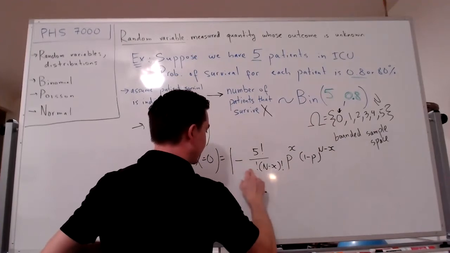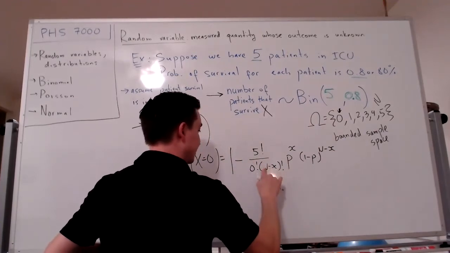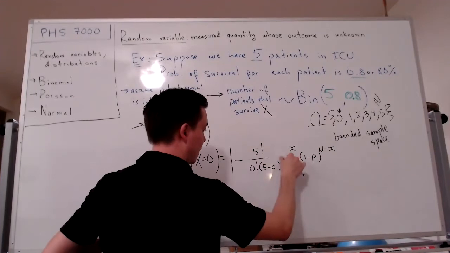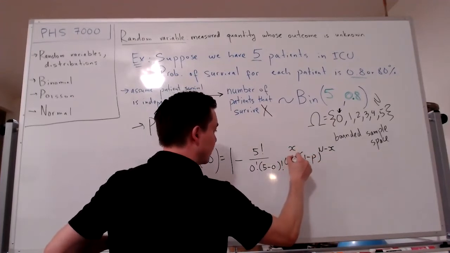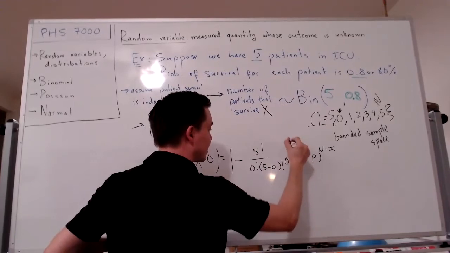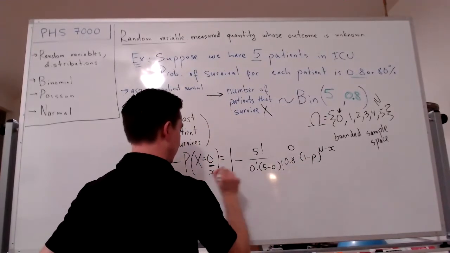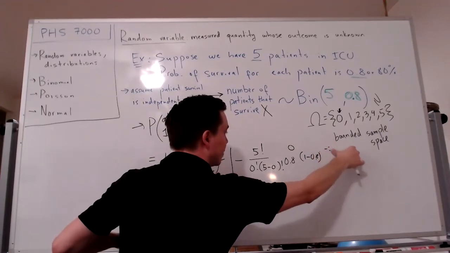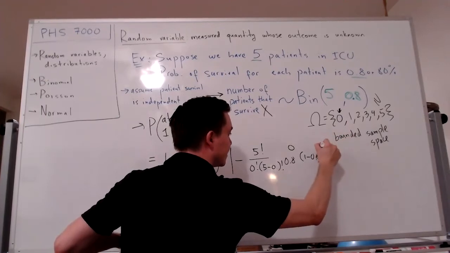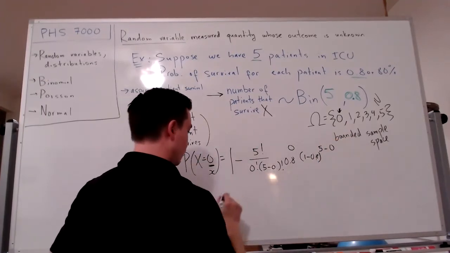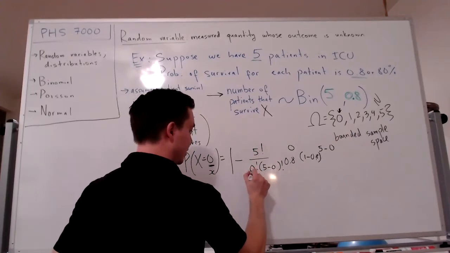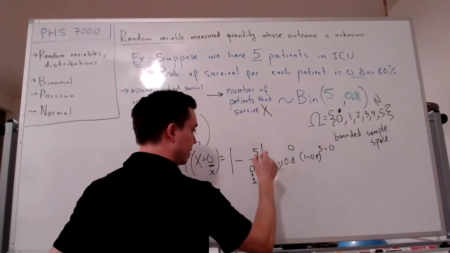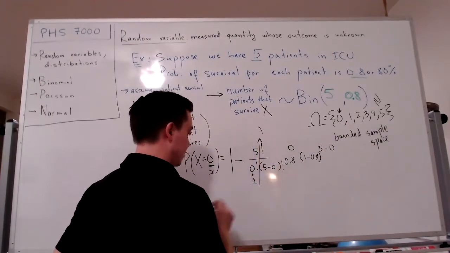I'm looking for 0 successes out of 5. My probability of success is 80%, and I'm looking for 0 successes. My probability of failure is 20%, and I'm looking for 5 minus 0 failures. When I break this down, 0 factorial is 1, and this is 5 factorial over 5 factorial. This entire thing goes to 1.